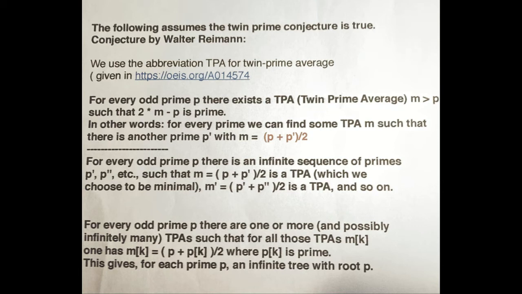He wrote, the following assumes the twin prime conjecture is true, conjecture by Walter Riemann. We use the abbreviation TPA for twin prime average, given in OEIS, A014574.